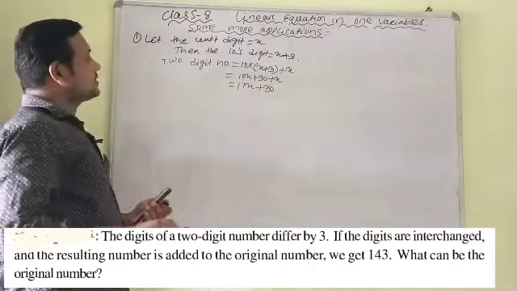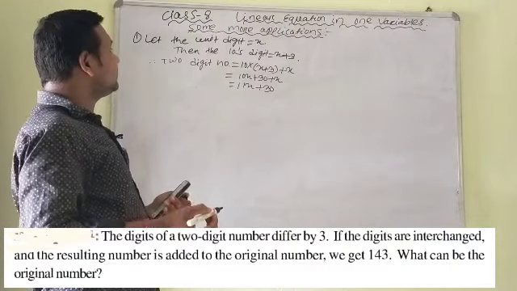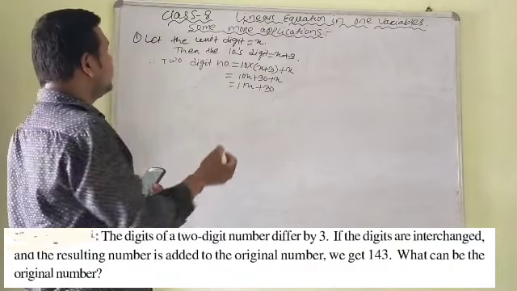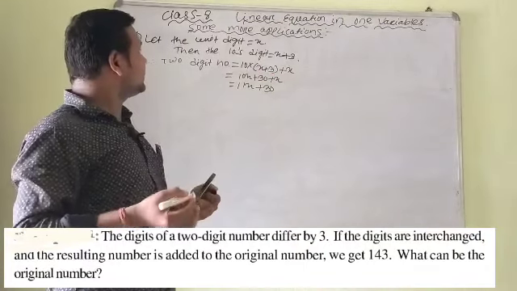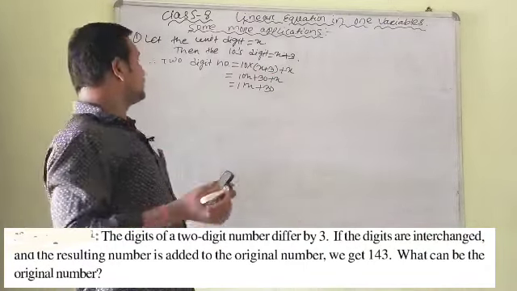Now we will interchange the digits in the two digit number, that is the tens digit will become unit digit and the unit digit will become tens digit.